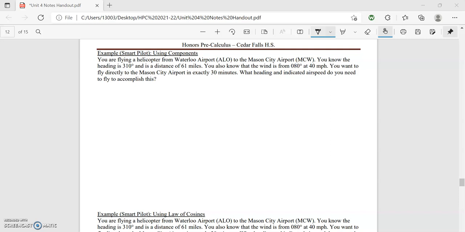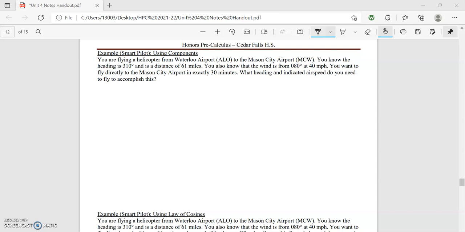So what we need to do is figure out what is our ground speed, right? After we take into account wind pushing with us or against us, we know that we need to leave Waterloo, start a stopwatch, and 30 minutes later exactly, we are in Mason City.